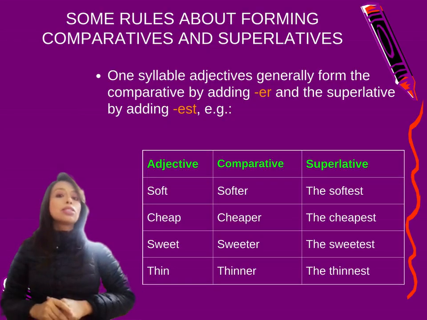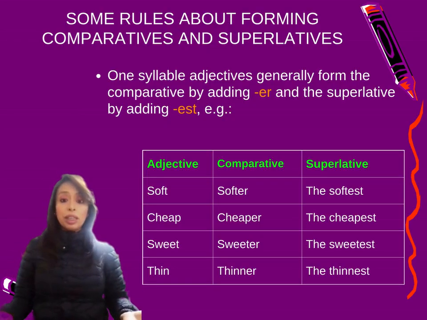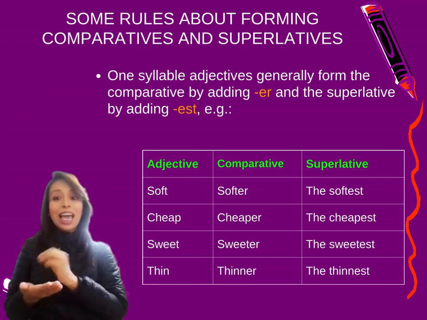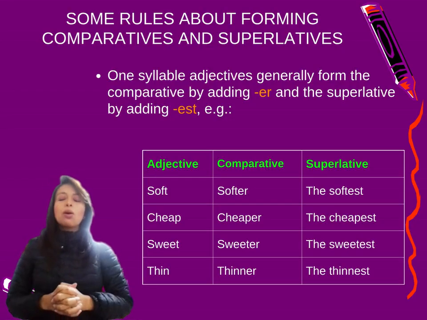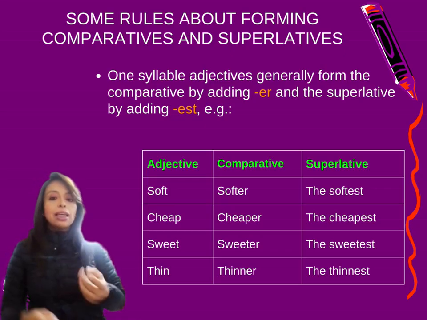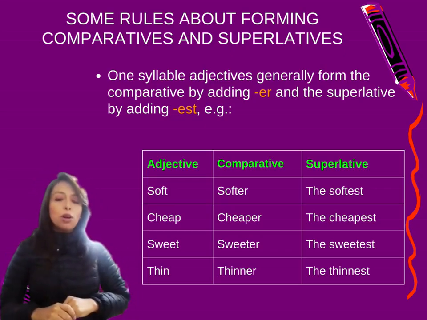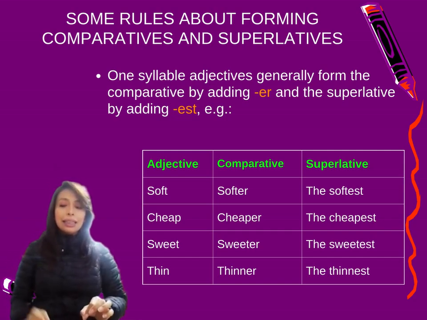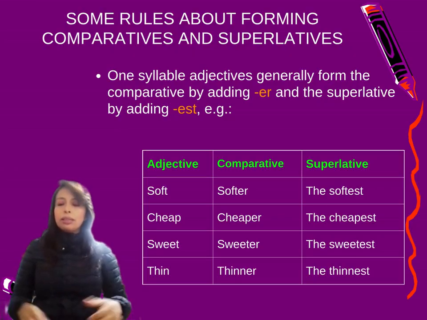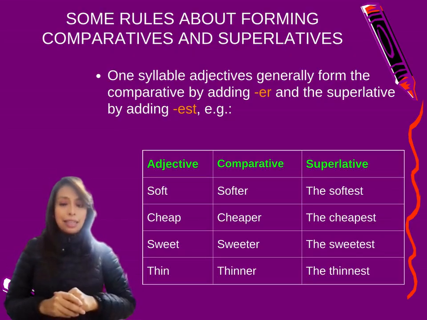Here you have some rules about forming comparatives and superlatives. Pay attention and take notes. When you have a one syllable adjective, generally form the comparative by adding er and the superlative with est.